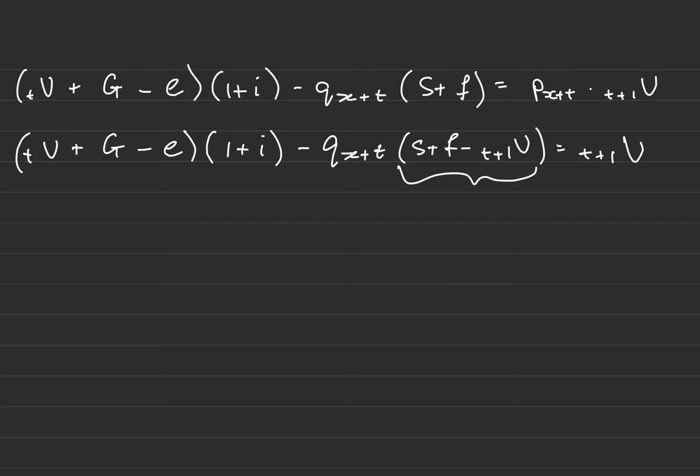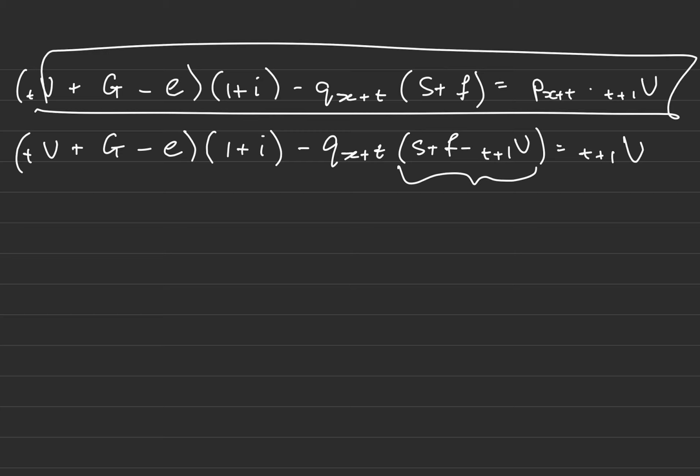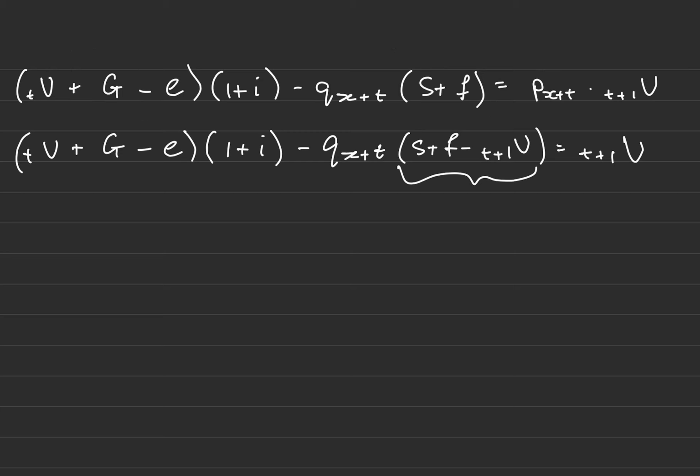Okay, so if this is more difficult to understand, which I suspect it will be because it was for me as well, especially because of this death strain at risk, then try and remember it with this formula here. Okay, and another way that you could try and remember it is you could just accumulate all these ones and take this to the other side and have it as a plus over there, and then you say that if the person lives with probability px plus t, then that's the amount that my left hand side must equal to.